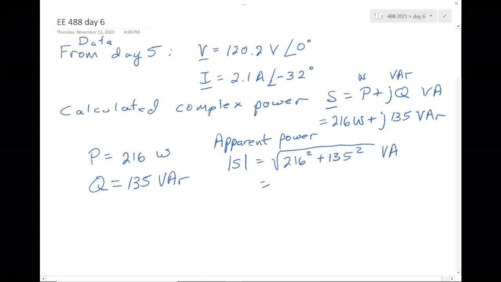Units will be volt amperes because we're in apparent power. I'm trying to keep things straight here. 255 volt amperes.